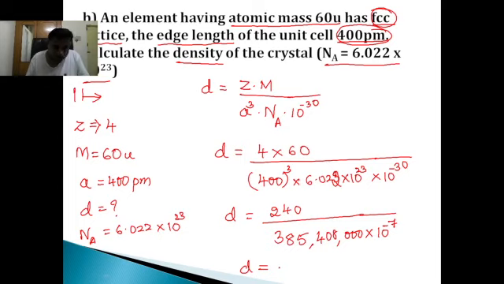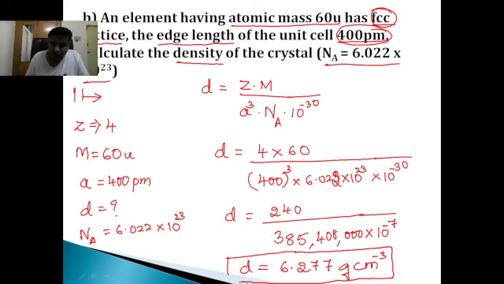You are getting 6.277 gram per centimeter cube. Don't forget to write the unit of density. What is the unit of density? It's gram per centimeter cube.